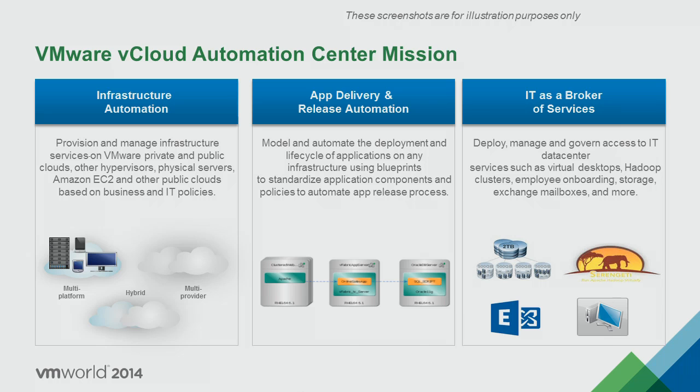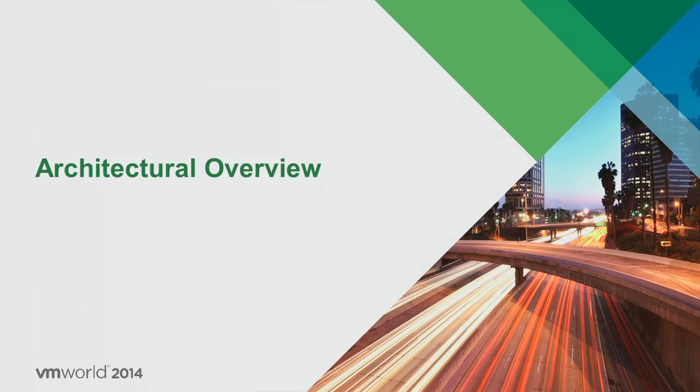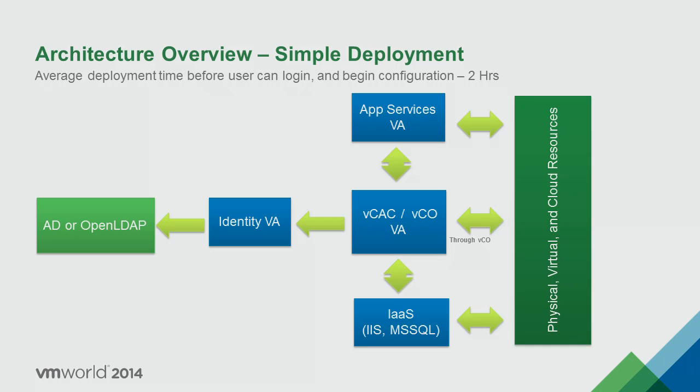So that's vCAC. Let's take a look at the architectural overview from a simple deployment model. This typical deployment model, which we use for POCs, can be stood up in about 2 hours if everything goes well. We have a connection to an Active Directory or LDAP directory service in order to get the list of users that are going to be logging in.